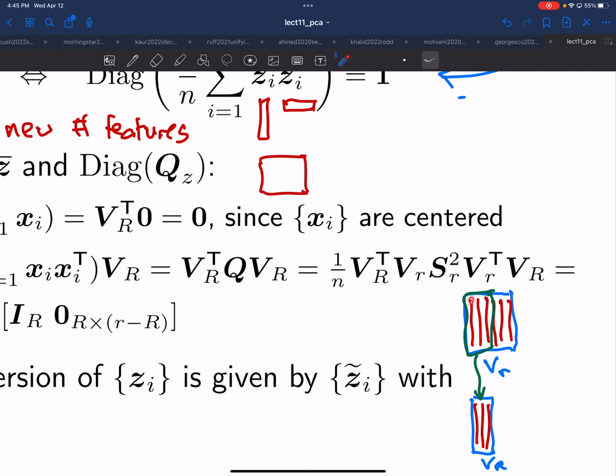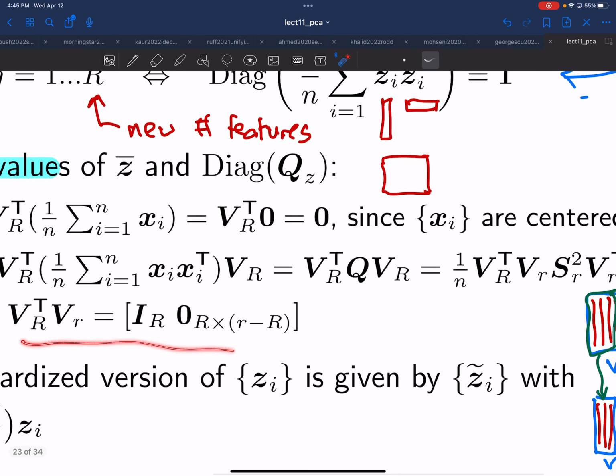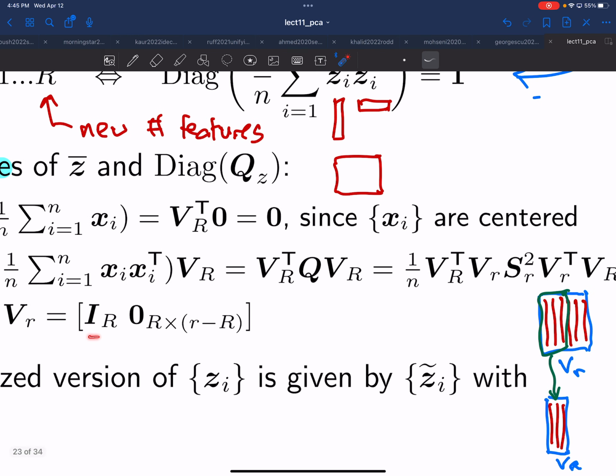Importantly, each of these columns is orthogonal to all the others and has unit norm. So this is a set of inner products. This is a matrix that contains all the inner products between these guys and these guys. It turns out this matrix has this form: an identity matrix, and then a big zeros matrix. The identity matrix comes from the inner products between these guys and these guys. They're the same vectors, and they're orthonormal.